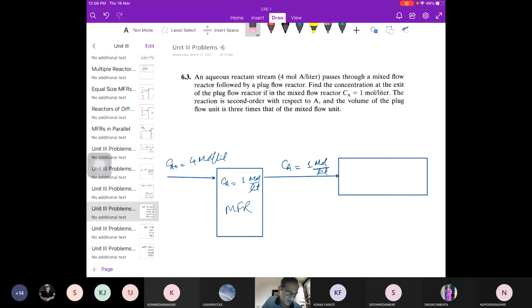What we need to find is the concentration at the exit of the plug flow reactor. I call this Ca1, so we need to find what is Ca2.